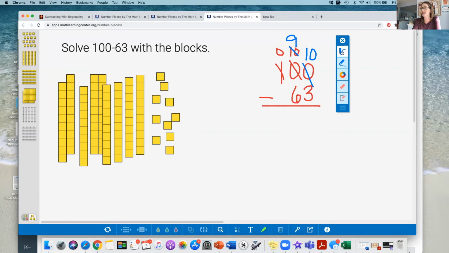Okay, so 10 minus 3. I have 7 ones left. 9 minus 6 in my tens place. 6. Looks like I have 3 left. And I don't have any hundreds left. So my answer is 37.